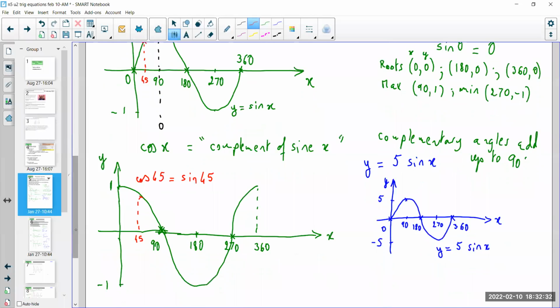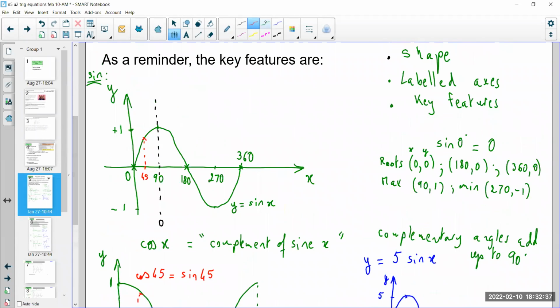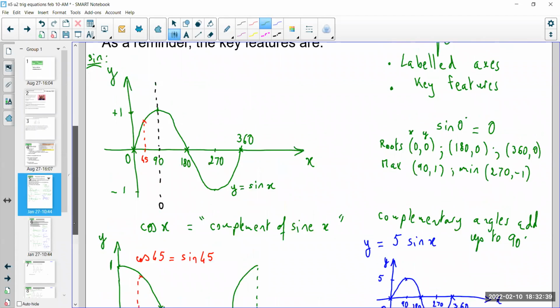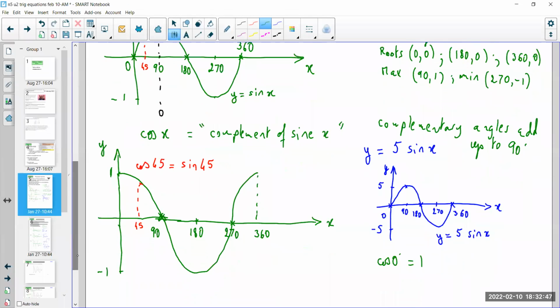So now for the key features, you would pretty much say the same thing. This time cos 0 degrees starts at 1. My roots this time are 90 for x and 0 for y.